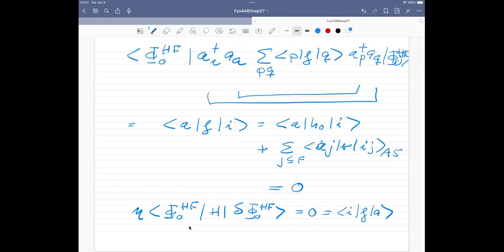Now, we are assuming that these are Hermitian operators. So they should, in principle, give us the same answers. So it's irrespective whether we vary with respect to eta complex conjugate or with eta.